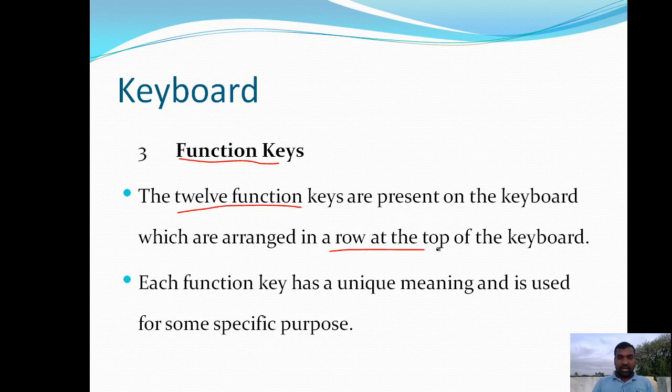Now the function keys. There are 12 function keys present on the keyboard, arranged in a row at the top of the keyboard. Each function key has a unique meaning and is used for a specific purpose. So F1, F2, F3, F4, and up until F12.